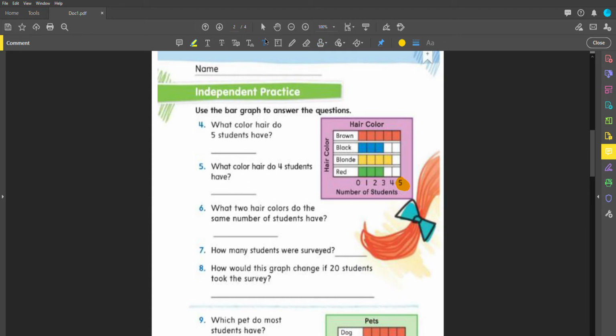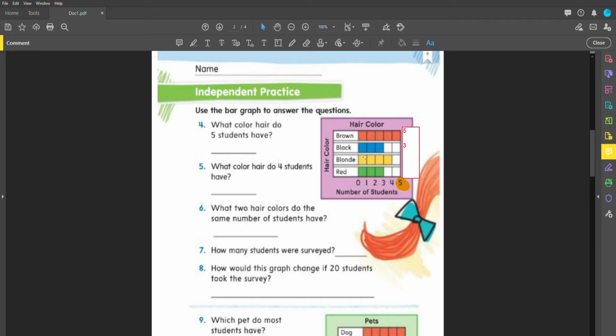First, I prefer we write the numbers here of each one. For example, the brown, how many students have brown hair? 1, 2, 3, 4, 5. You don't need to count them. Maybe you can just come down and see the number. It's reaching 5. So 5. What about the black? 1, 2, 3, or you can just come down, 3.